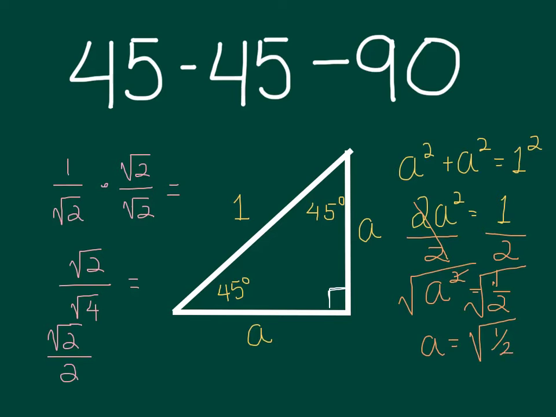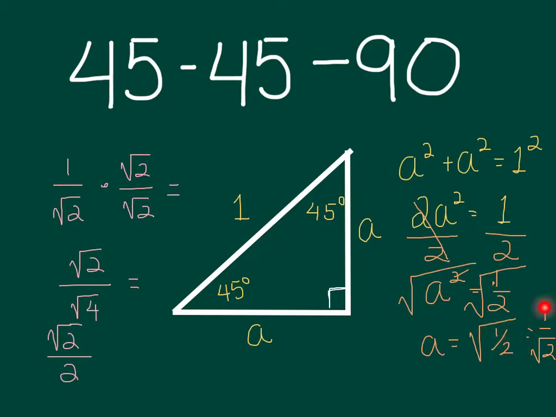This is when things are going to get a little bit more complicated. I'm going to simplify this to 1 over the square root of 2. If I have the square root of a fraction, I can change that to the square root of the numerator divided by the square root of the denominator.